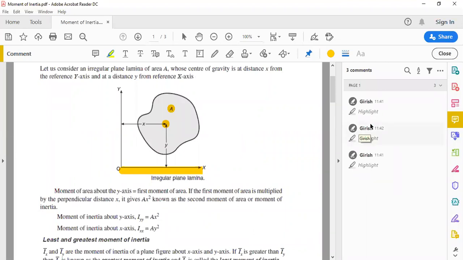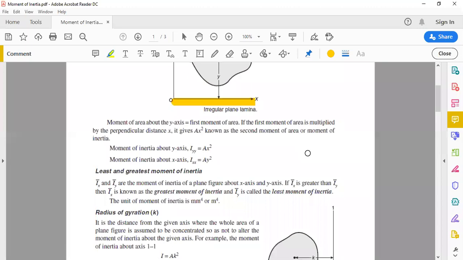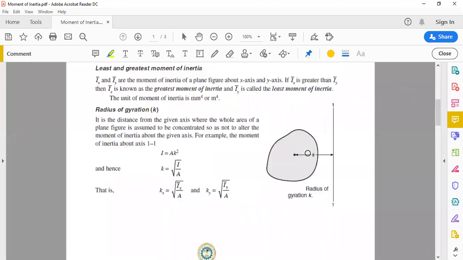Now, in the next part, we are going to see what is least and greatest moment of inertia. So we have calculated two moments of inertia, that is Ixx and Iyy, which can either be denoted as Ix bar and Iy bar. So Ixx or Ix bar, they are the same.